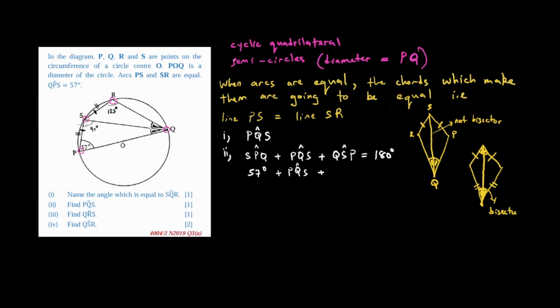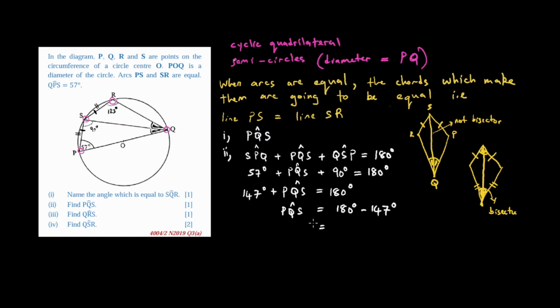QSP, which we saw is 90 degrees from being an angle subtended in a semicircle. This is equal to 180 degrees. So if I add 90 plus 57, I get 147. So 147 degrees plus PQS is equal to 180 degrees. It means PQS is equal to 180 degrees minus 147 degrees.